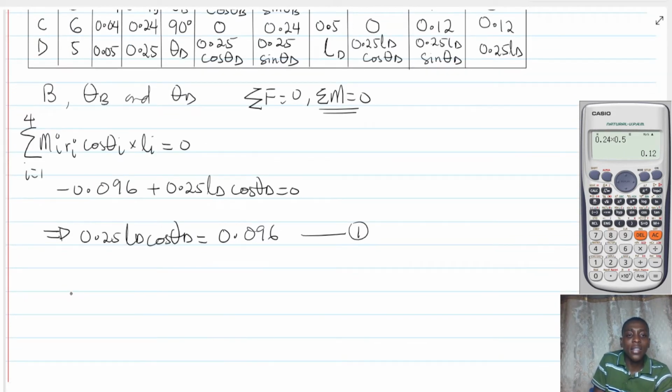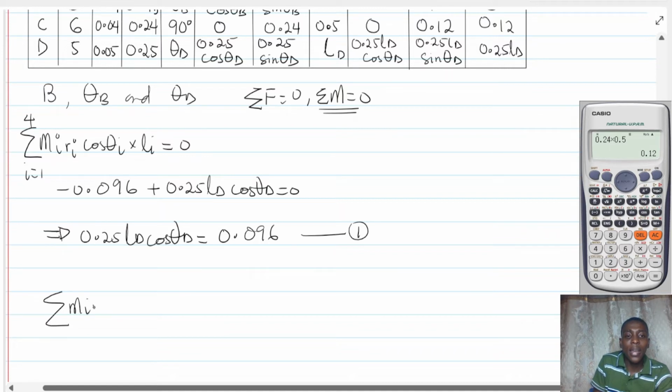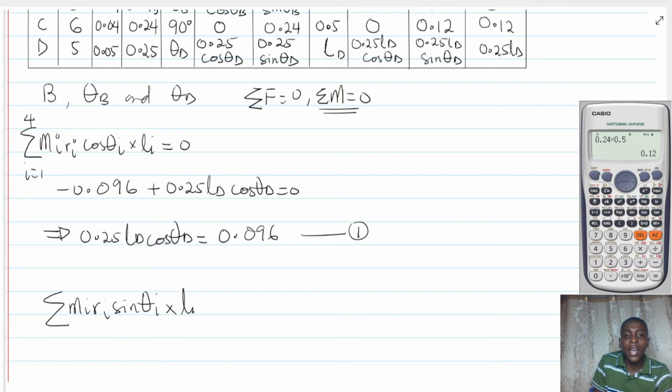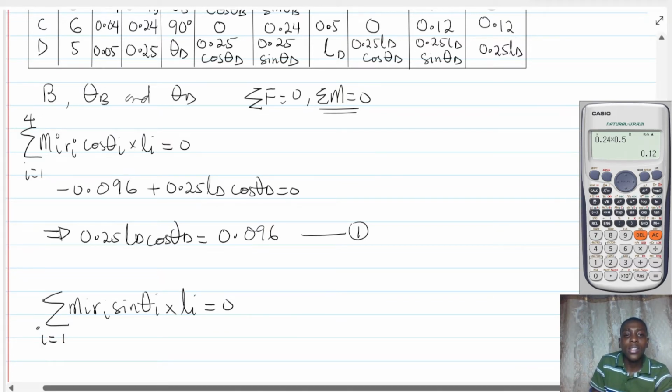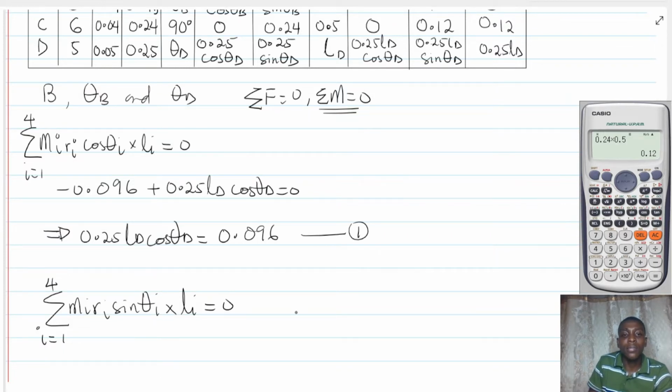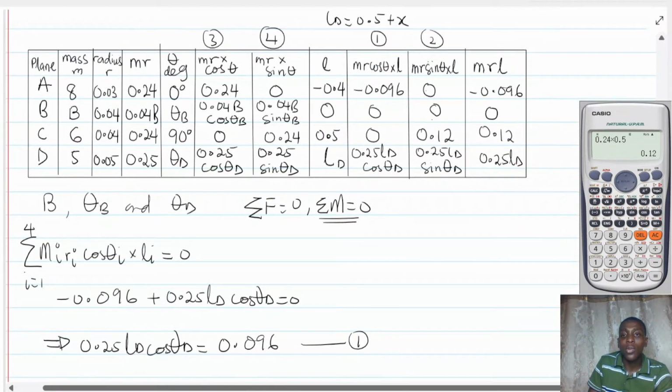Then secondly, I will say that summation mi ri sin theta i multiplied by Li should be 0. I'm doing this summation for the first to the fourth mass. So let's go back to the table. With that part too, I have only 0.12.